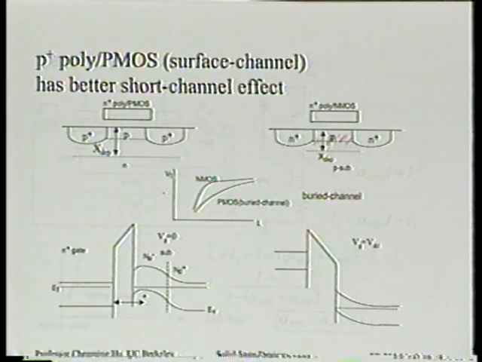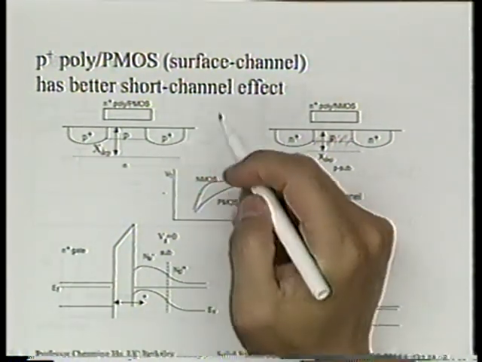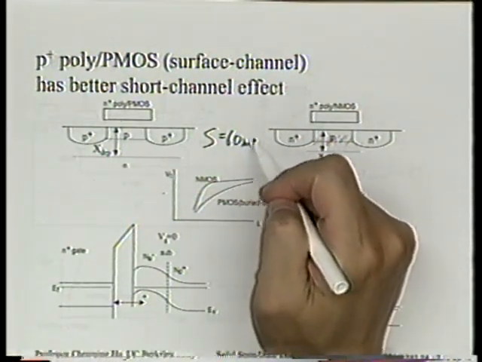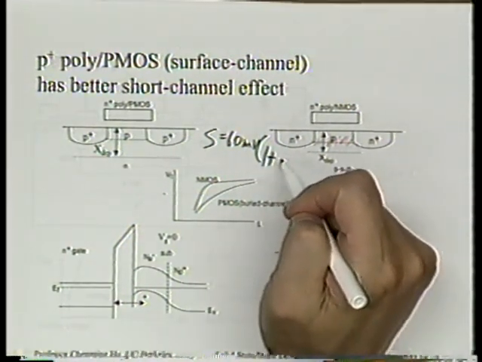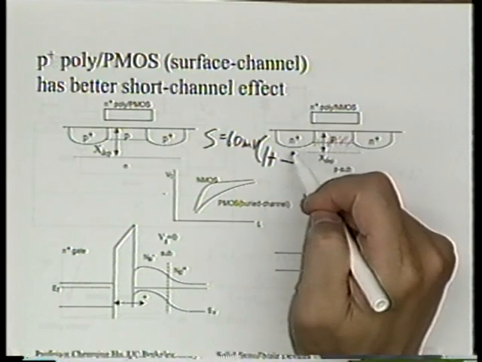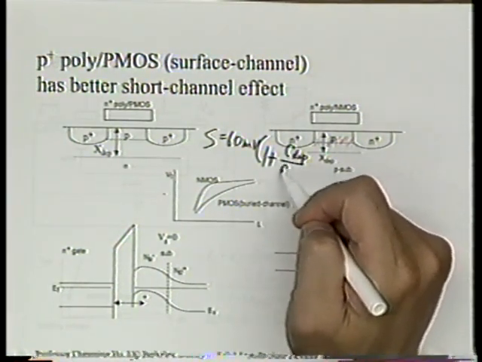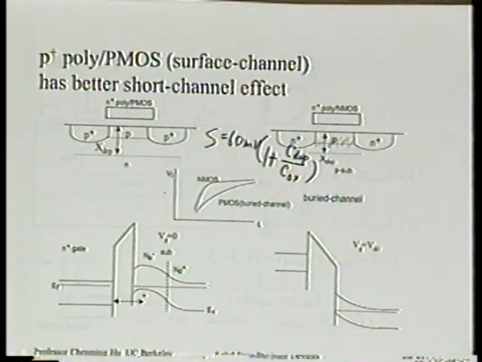By the way, there's a benefit of having large X depletion in terms of swing. Do you remember? Swing is equal to 60 millivolt times 1 plus, do you remember what we say? We say it's C depletion divided by C oxide, right?